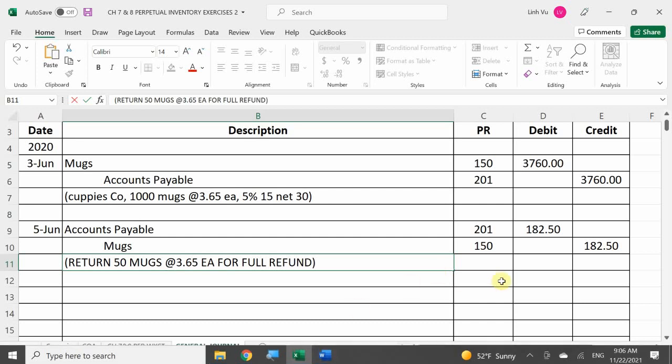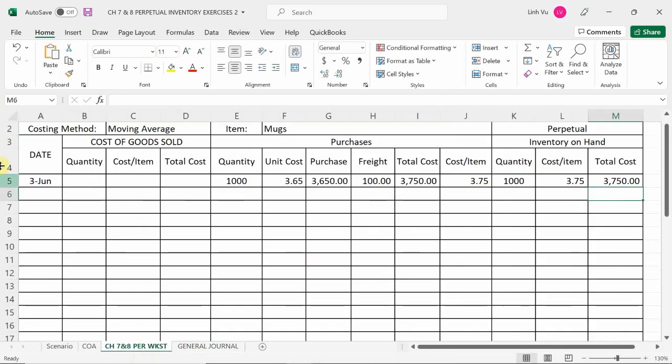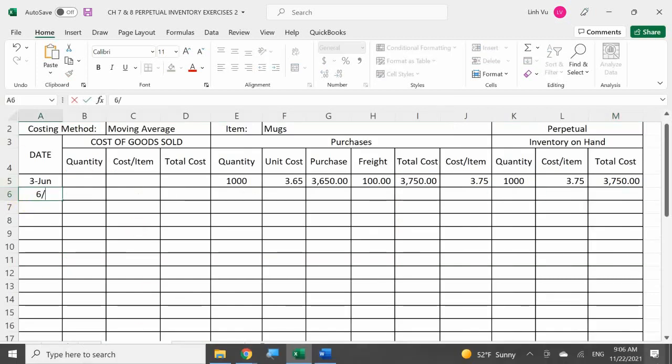Okay, so if I go back to my inventory worksheet, and it's June 5th now, right? We are refunding 50 of those mugs. Now, how much does it cost me per item to return? $3.65, because in this case, we cannot refund shipping, right?